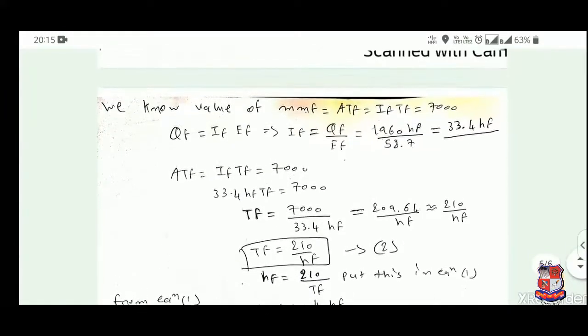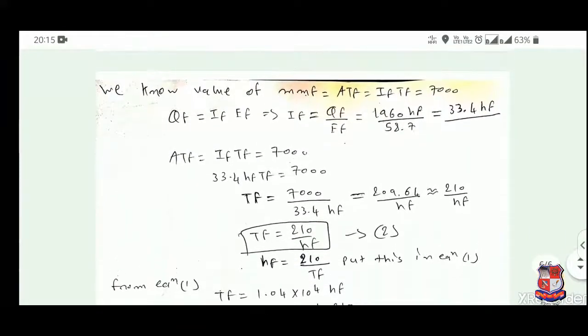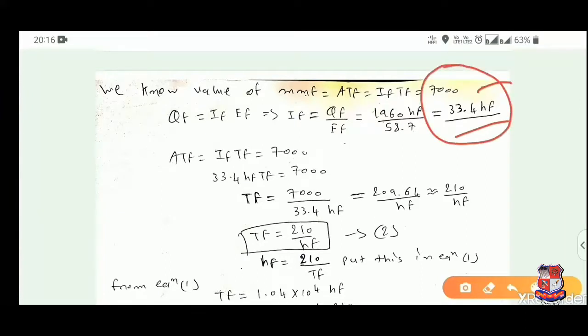Now the data is still not sufficient to calculate the value of TF. So we know the value of MMF, which is 7000, which is nothing but IF into TF, the equation we know previously. So we compare this IF into TF equal to 7000 with the 33.4 HF equation.